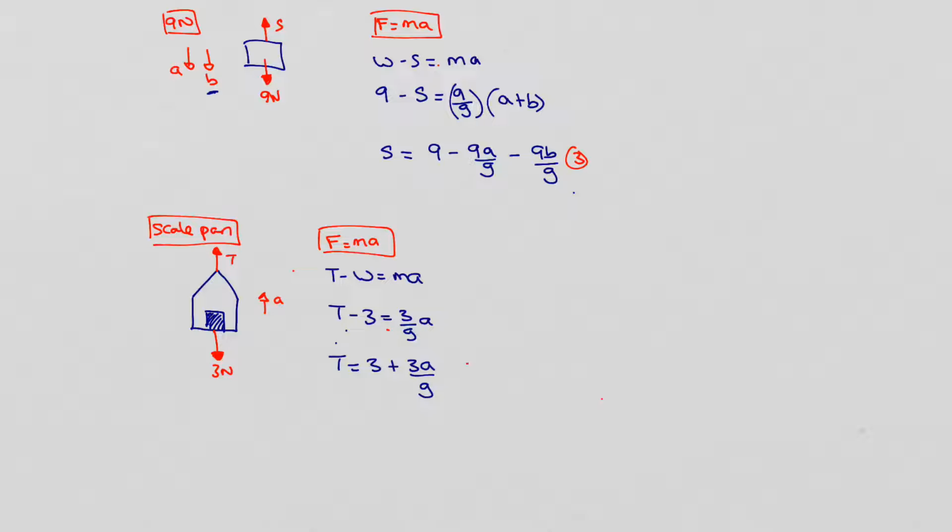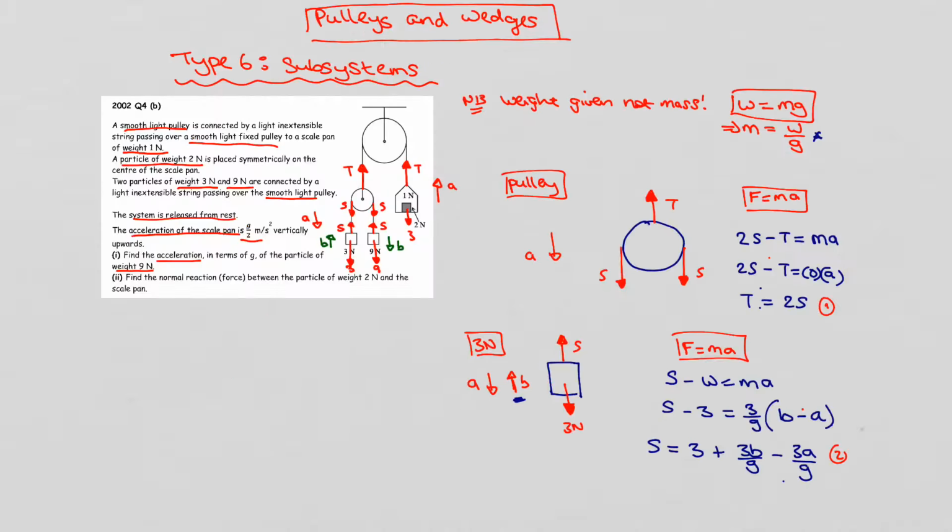So A, if we go back to the question, is G over 2. Now, you could have subbed in G over 2 at the start as well. That's perfectly fine. Or you can sub it in at this point, okay?